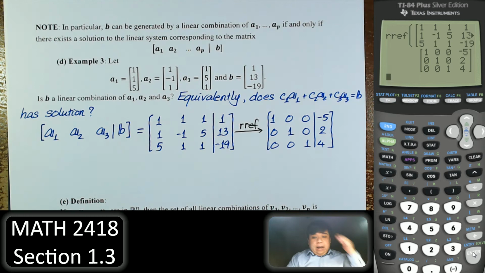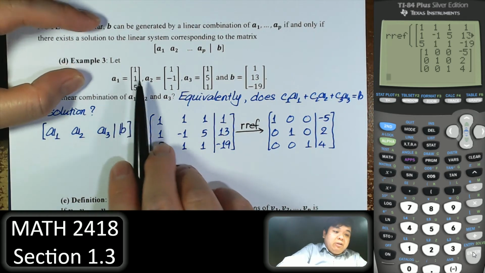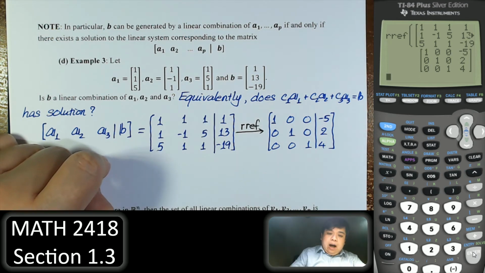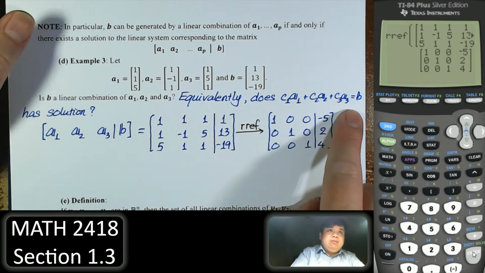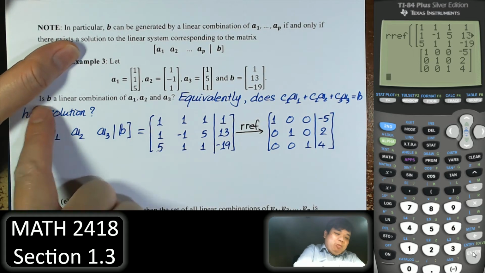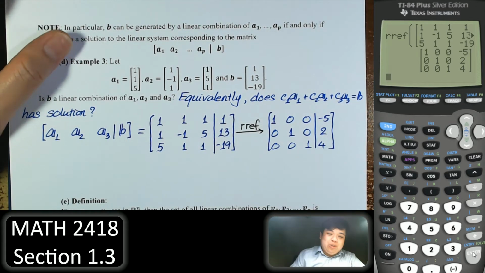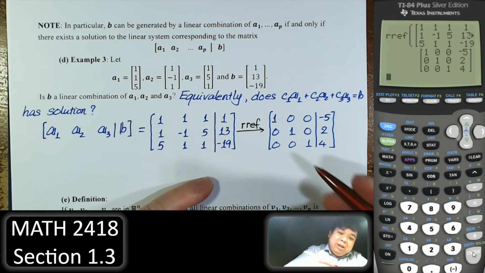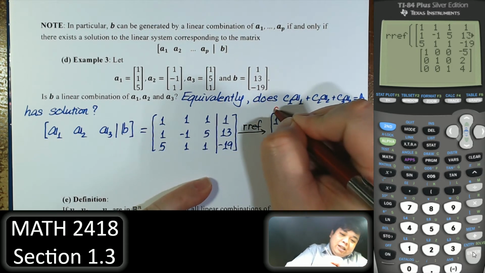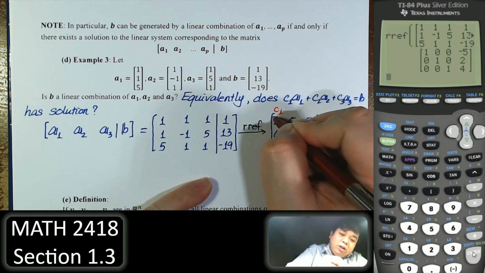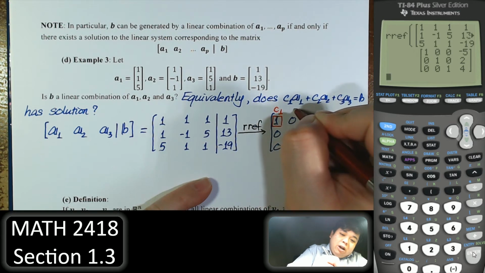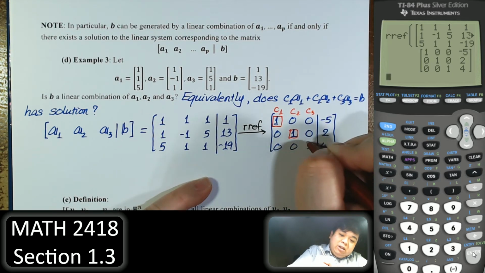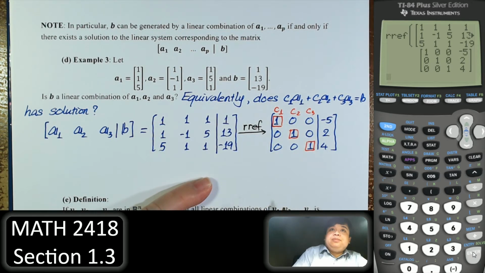Right. Now, once again, we stack the vectors A1, A2, A3, but equivalently to this equation. That's why I rewrite the problem with this, so we have the variables to write the solution. That's what I mean. So this column corresponds to C1, C2, and C3, and we do have the pivot entries.